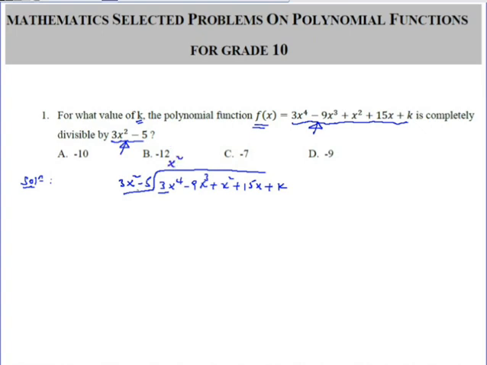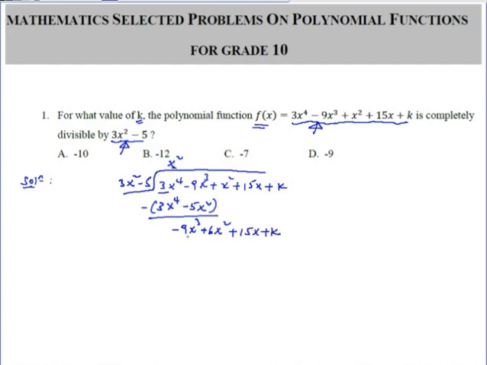So x squared times 3x squared is 3x to the power of 4, and x squared times minus 5 is minus 5x squared. Let us subtract this. The result will be minus 9x cubed plus 6x squared plus 15x plus k.